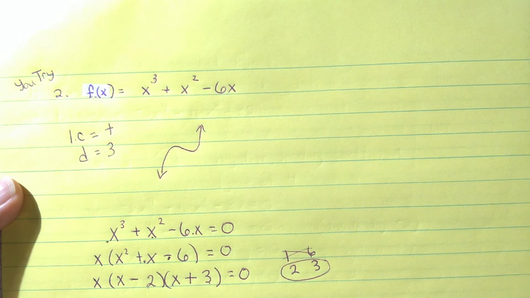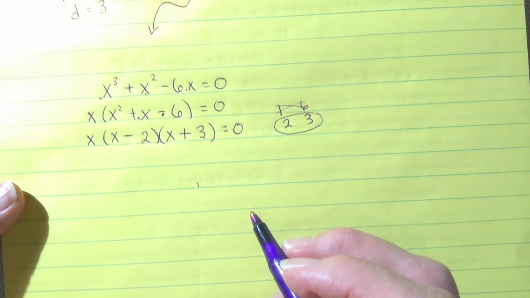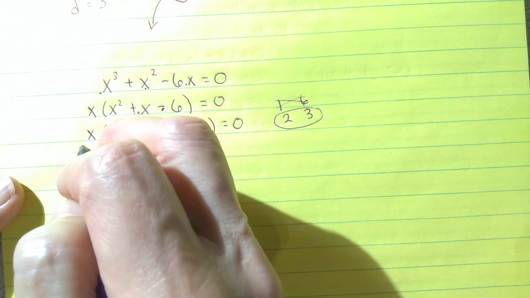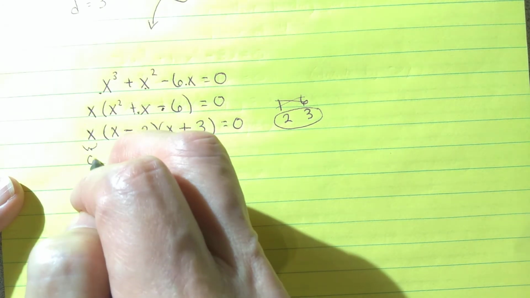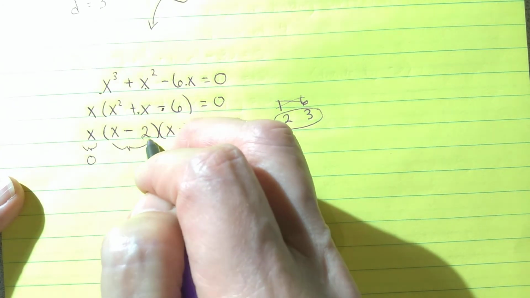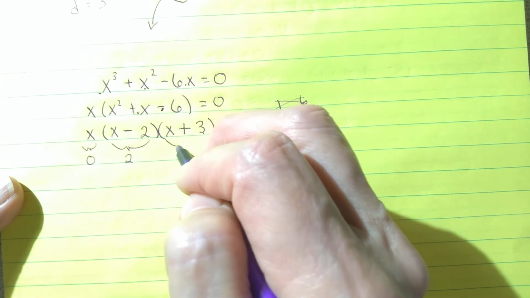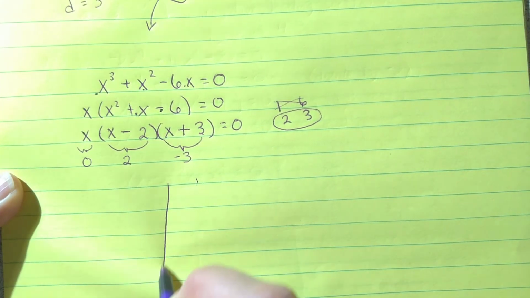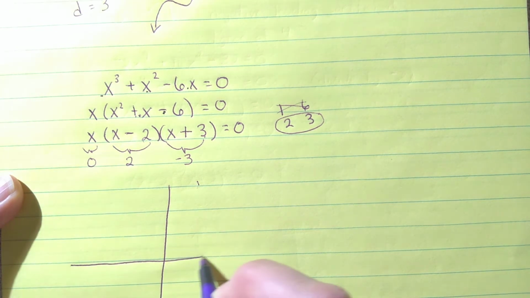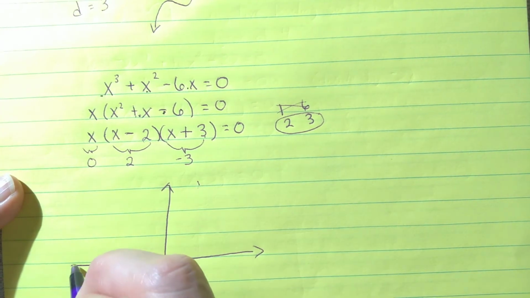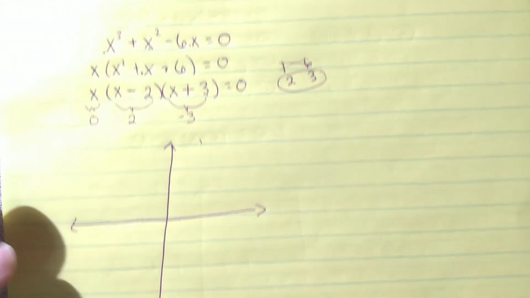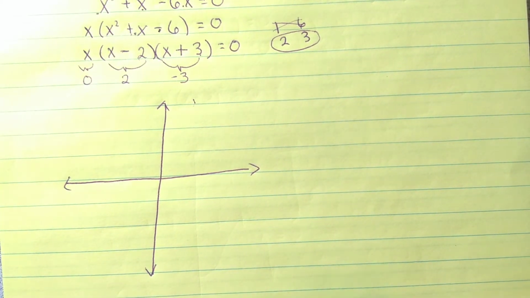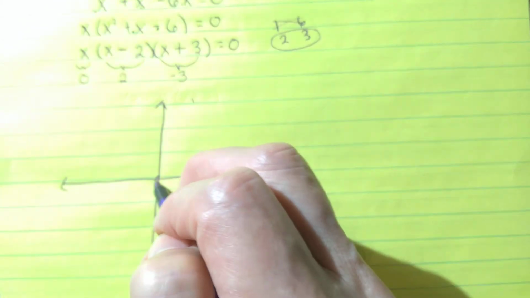So I am ready to find my roots here. So right here gives me a 0, and that gives me a 2, and that one gives me a -3. And I am ready to graph. I have an x-intercept at 0.